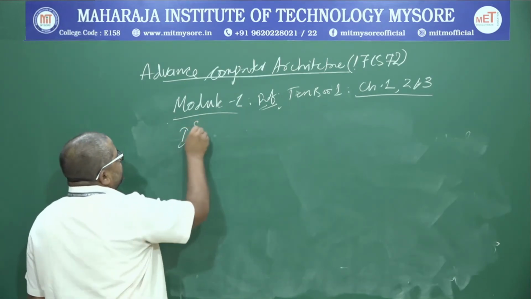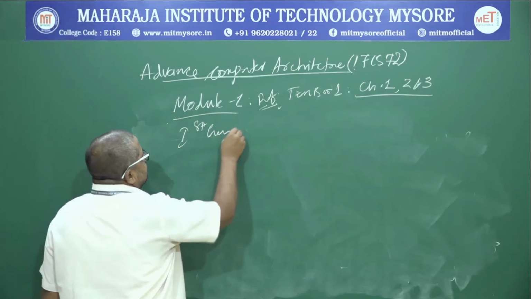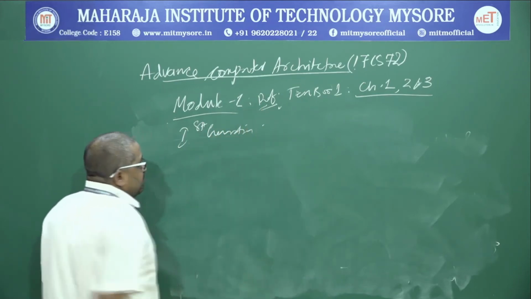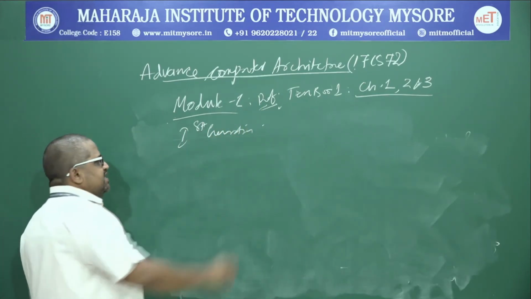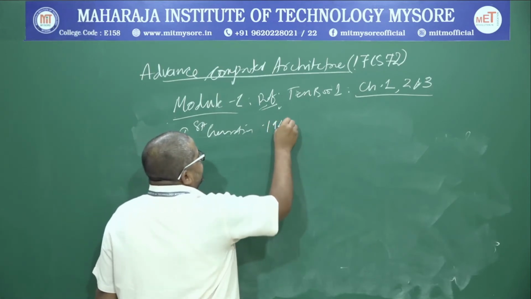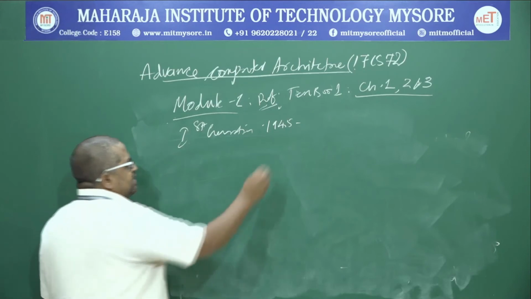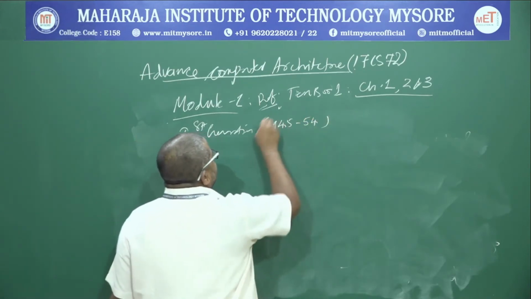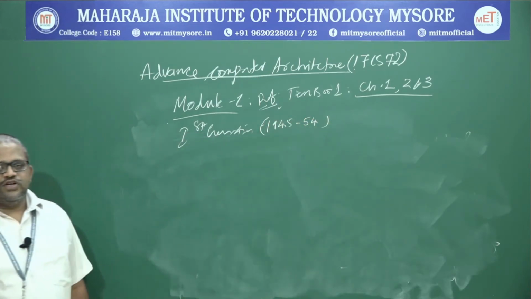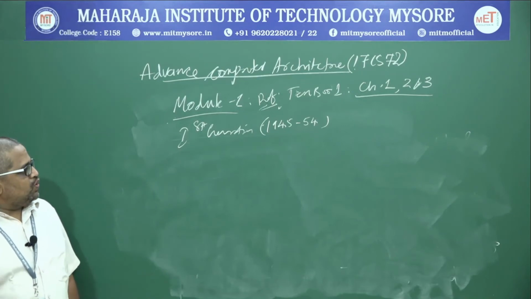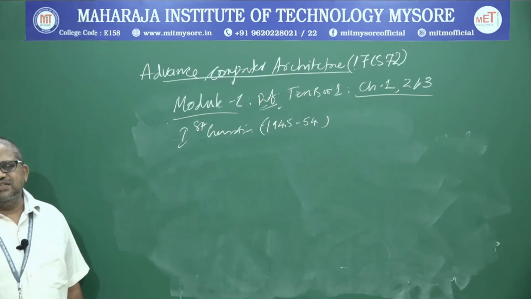So, I am going to call it the first generation. Now, when did this first generation start? It started in 1945, and it lasted till 1954. Now, when you look into this first generation, what were the technologies available?